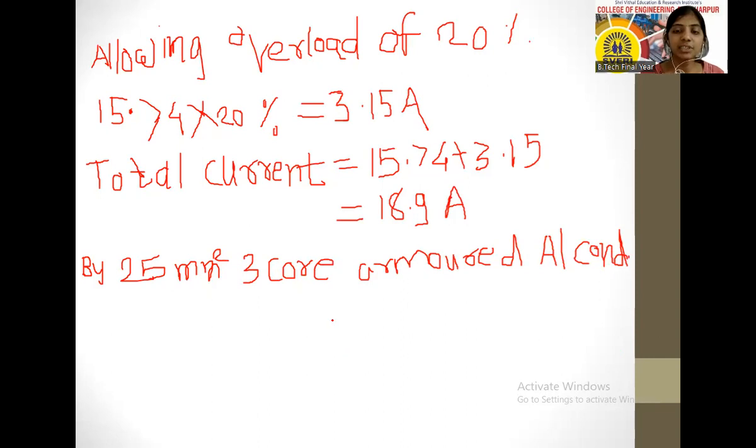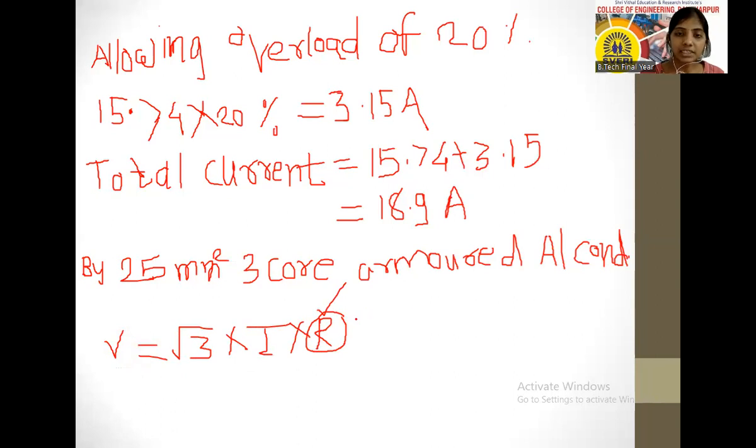But in case of transmission and distribution, you all know the voltage drop can be calculated by I into R. So here you can calculate the actual voltage drop by this formula, root 3 I into R. So this formula you have to use, but here R is not given. That means the resistance of the cable is not given. So for calculating this formula, you have to check the resistance of the cable.